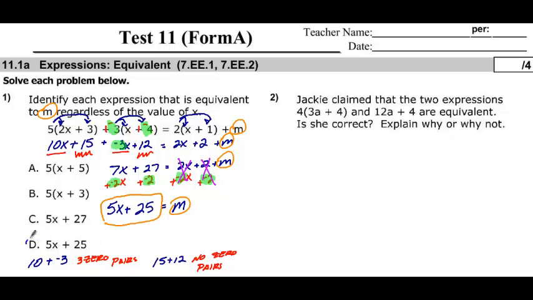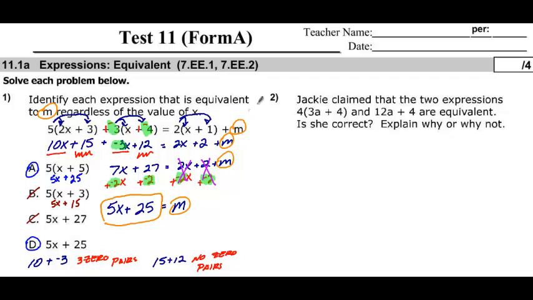So 5x plus 25, that's D. 5x plus 25 is also A. I've got 5 times x is 5x plus 5 times 5 is 25. Here are the ones that don't work. B, 5 times x is 5x plus 5 times 3 is 15. That's not the same. And then 5x plus 27, also not the same. So our correct answers are A and D.